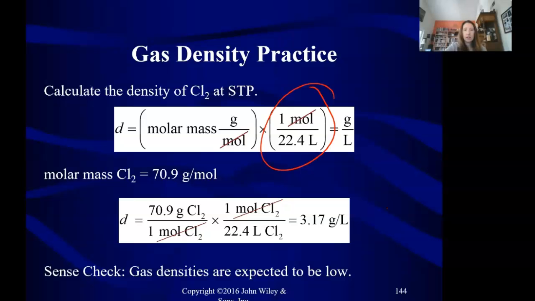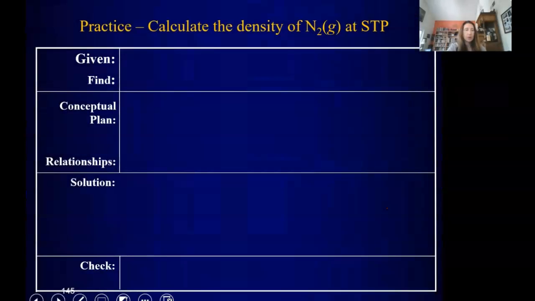Okay, so here is one for you to try. I want to know the density of nitrogen gas at STP.